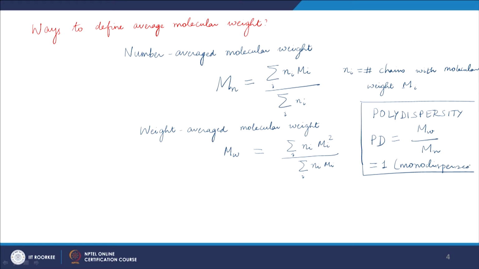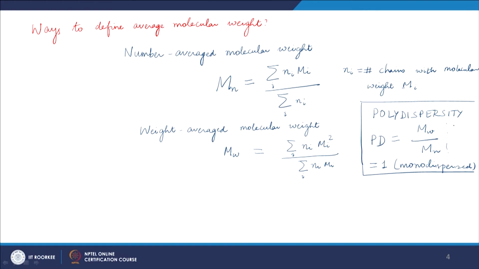That is what everyone aspires to but never gets there, that is when there are only chains of a prescribed molecular weight, there is no range, all the chains have the same molecular weight. But the quantity PD, how far it is from 1 tells me how much polydispersed it is. The higher it is, the more polydispersed the thing is. Okay. So, a higher value of the PD corresponds to a more polydispersed system.